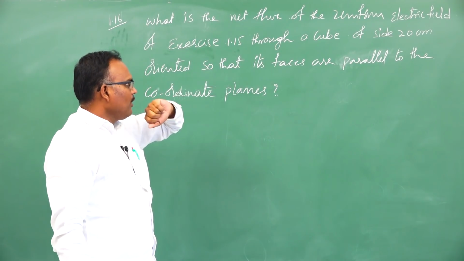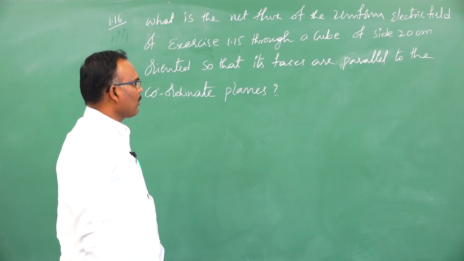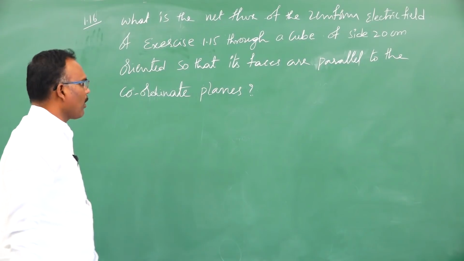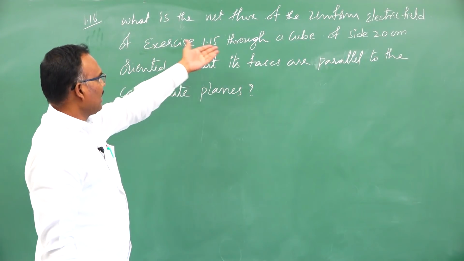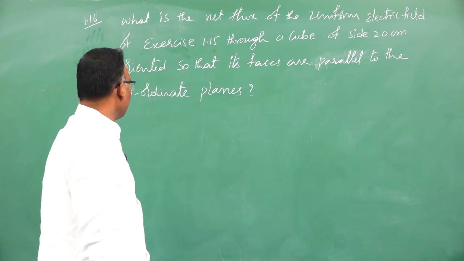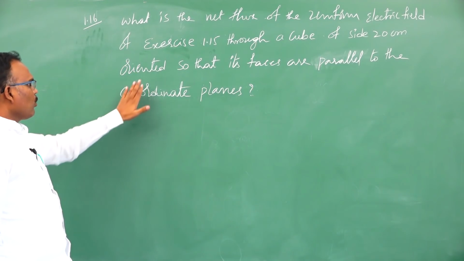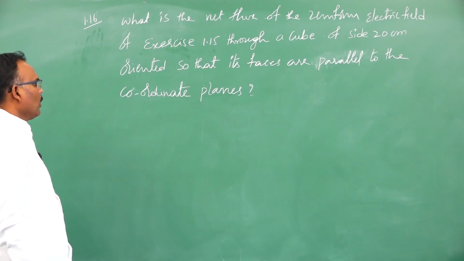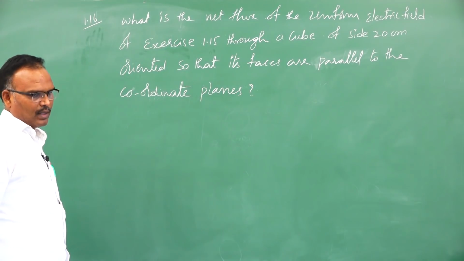There we have studied the uniform electric field is 3 into 10 to the power of 2 i cap. We have to use here the data related to the uniform electric field through a cube of side 20 centimeter, oriented so that its faces are parallel to the coordinate planes.